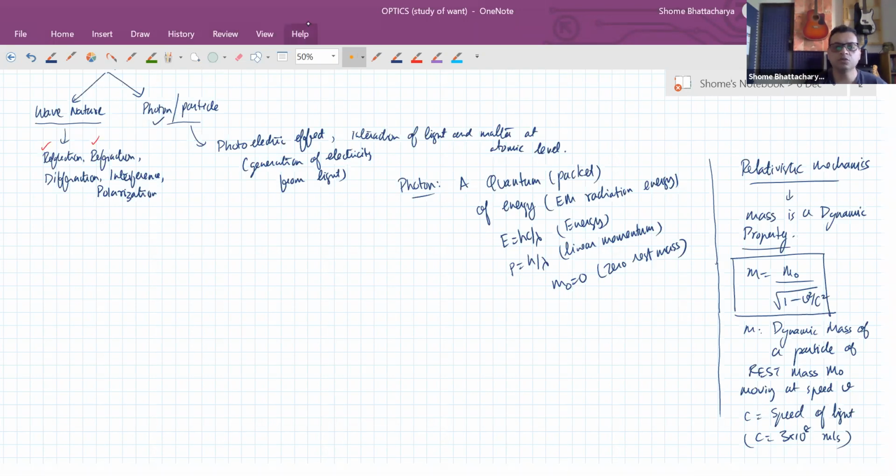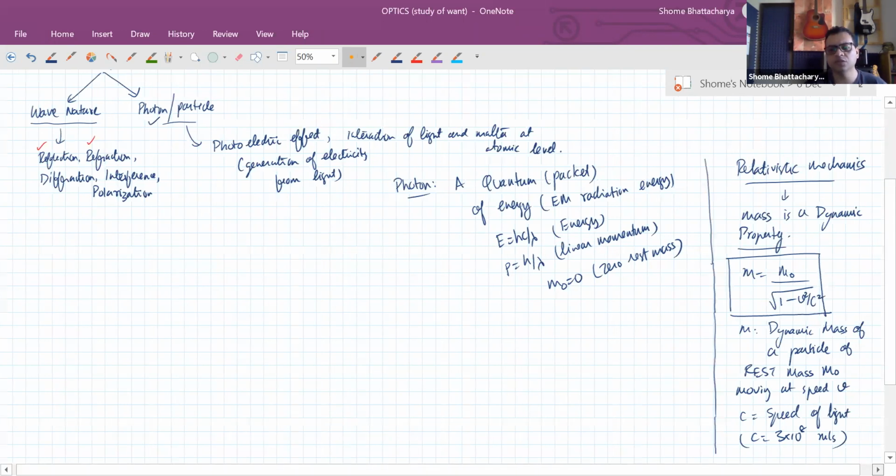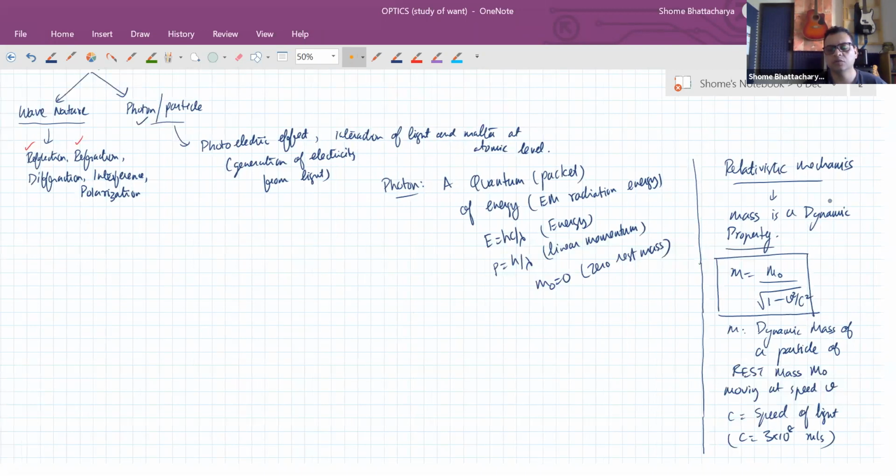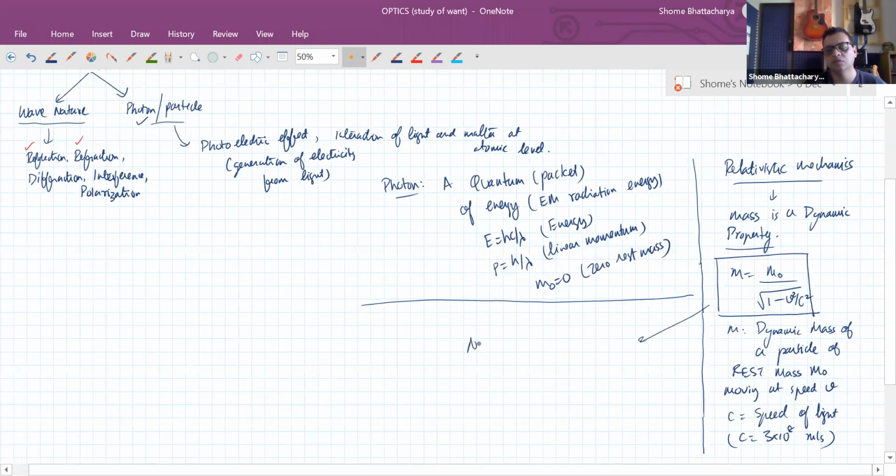So what happens in Newtonian mechanics? Dynamic mass doesn't come into it. The mass of a moving electron in an atomic situation does not really move anywhere close to the speed of light, so the dynamic mass is more or less equal to the rest mass.